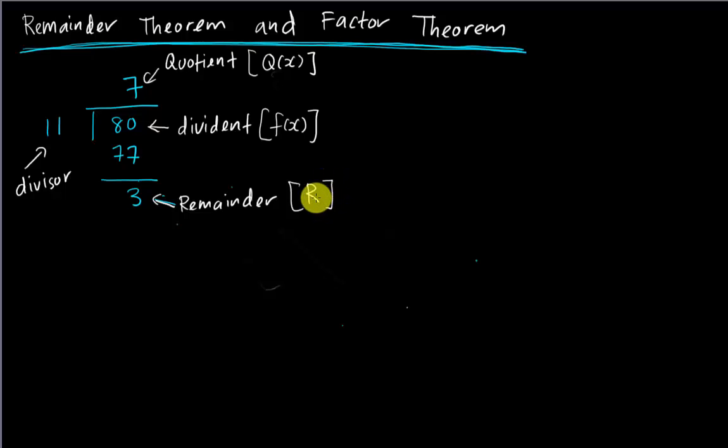Your divisor sometimes will be a linear equation, sometimes a quadratic. Linear means something like x minus 2, x plus 8. All of this we call linear. It means the polynomial is divided by x minus 2, or f(x) is divided by x plus 2, something like this.